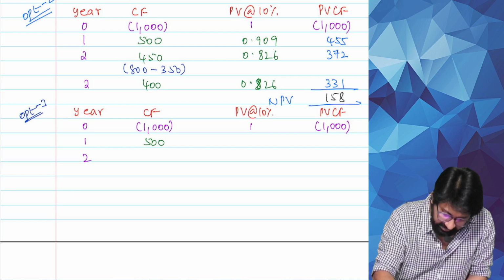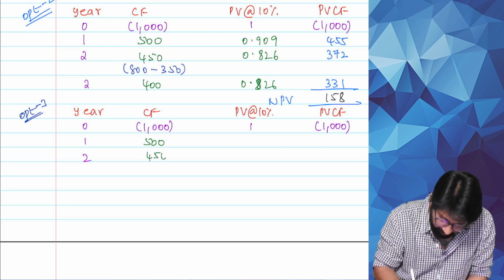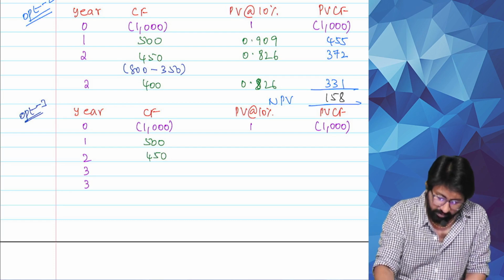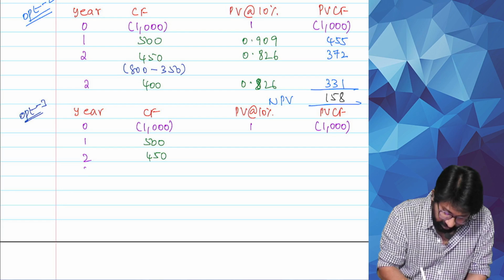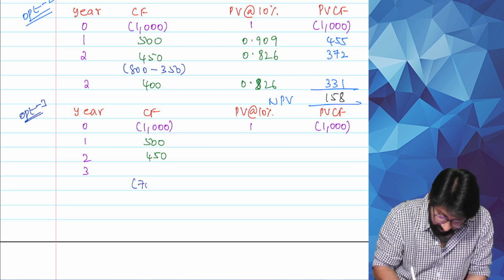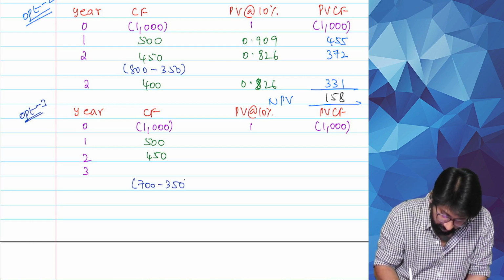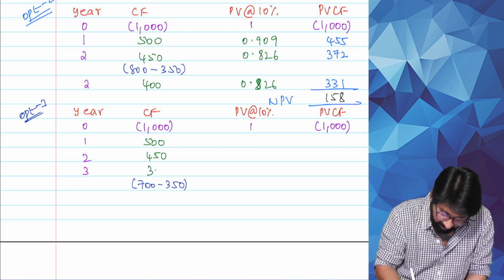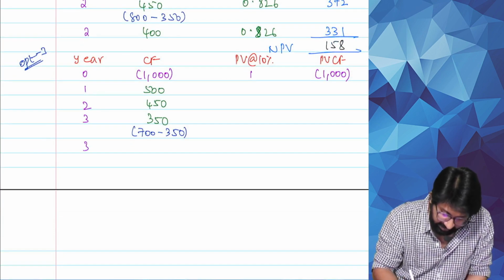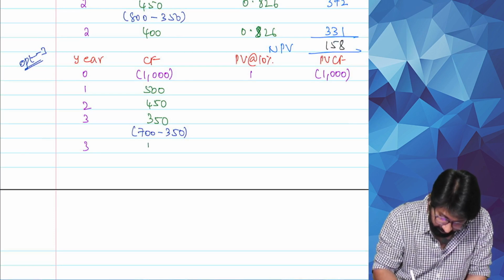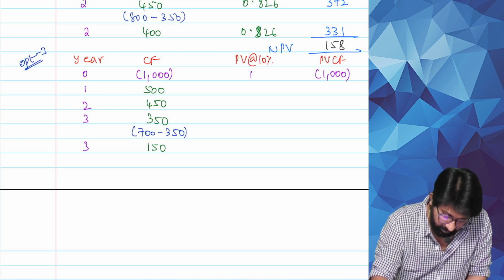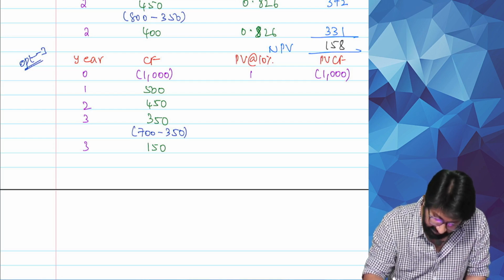What is the second year inflow? 450. Very important: in the third year, 2 cash flows will come. Tell me, what is the first cash flow? 700 minus 350, so the answer is 350. Next, you will also get a scrap. What is the worth of the scrap? 150. So write down the PV factors as well.